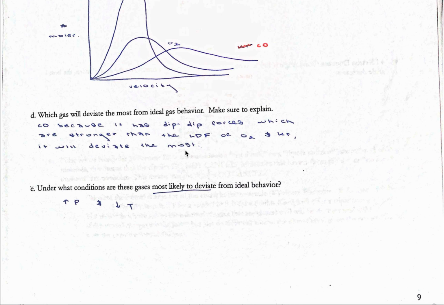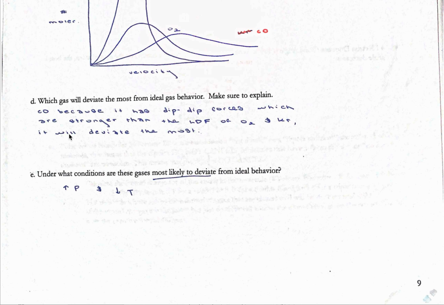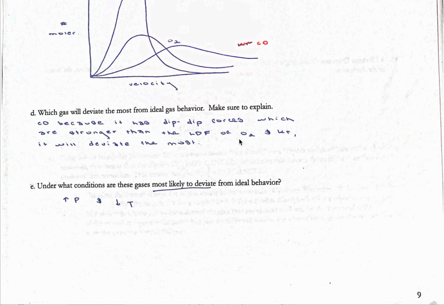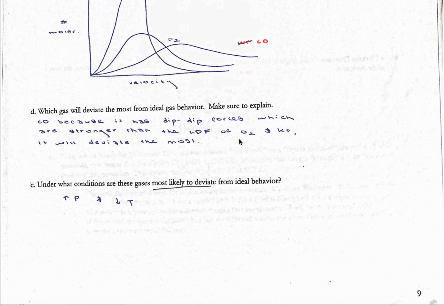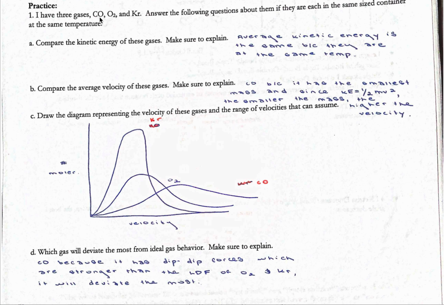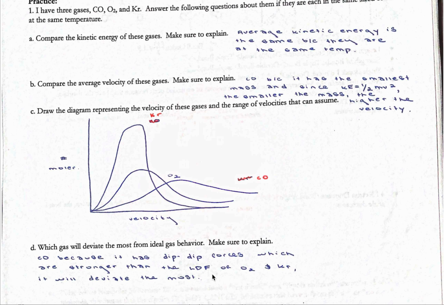For D, which gas will deviate the most from ideal gas behavior? Remember, when we're talking about a gas, we are assuming that there is no attraction. So for an ideal gas, we're assuming that they're not attracted to each other. And so since carbon monoxide has dipole-dipole forces, since it is polar, while oxygen and krypton have London dispersion forces, it's going to deviate the most.